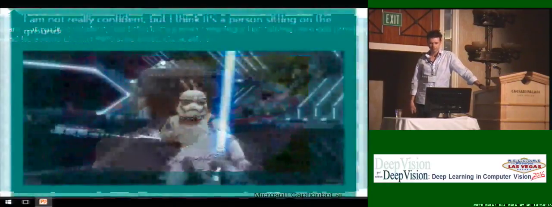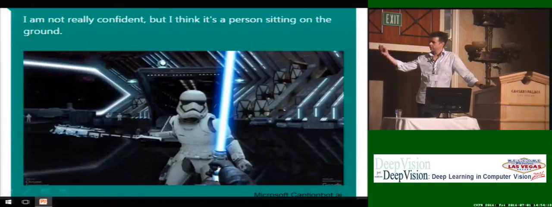That's a good step. And again, to a big part of the population, that previous image is relatively iconic. This one here, to much of the CVPR audience, is relatively iconic too. This is a very recognizable thing, but apparently the guess is it's a person sitting on the ground.